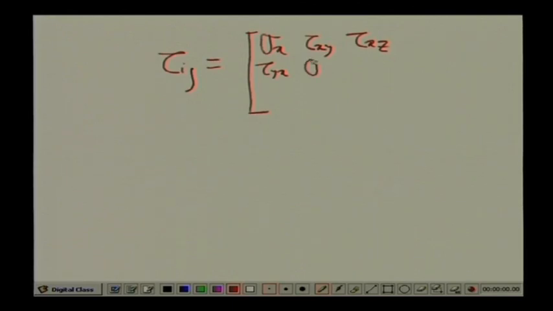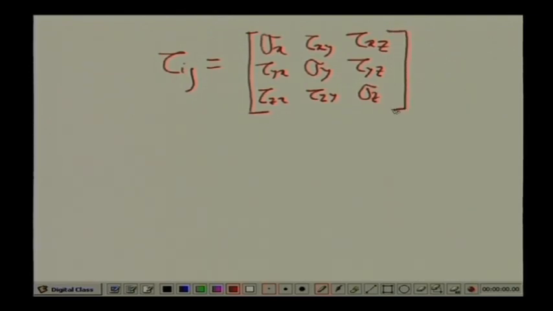So, if we look into the stress tensor which we had, tau i j, if we write it in matrix form, we had sigma x, tau x y, tau x z; tau y x, sigma y, tau y z; tau z x, tau z y, and sigma z.